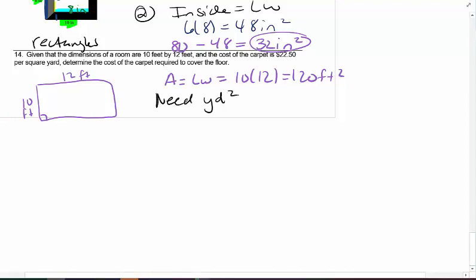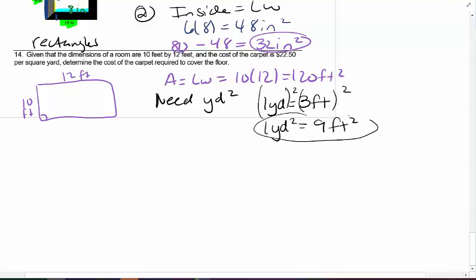So reminder, 1 yard equals 3 feet, and when we're dealing with squared units, we have to square both sides. So 1 squared is 1, 3 squared is 9. So this is going to be my conversion factor.